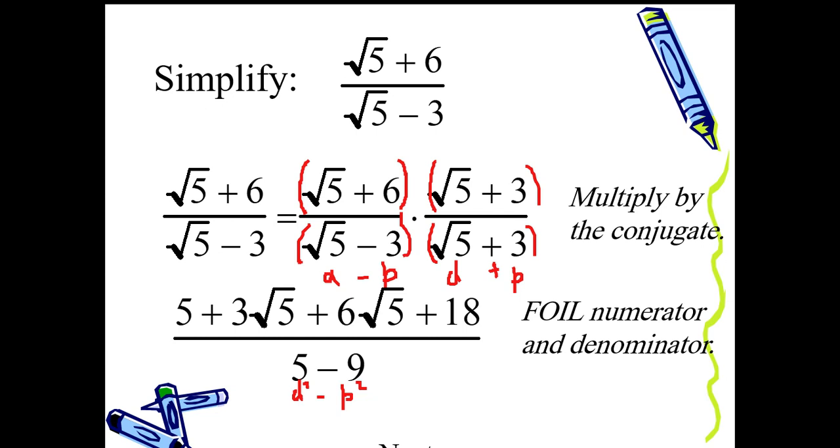So I'm going to have 23 plus 6 radical 5 plus 3 radical 5, 9 radical 5, over 5 minus 9, minus 4. And this is my final answer. I'm really sorry, I thought I wrote the answer. So this is my final answer: 23 plus 9 radical 5 over minus 4. We'll wait a little bit and then we'll do another example.